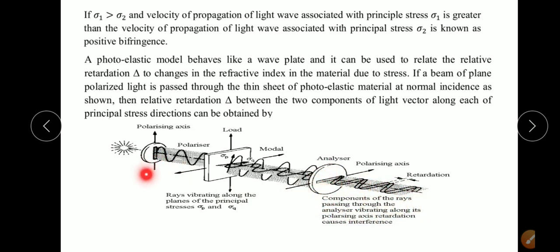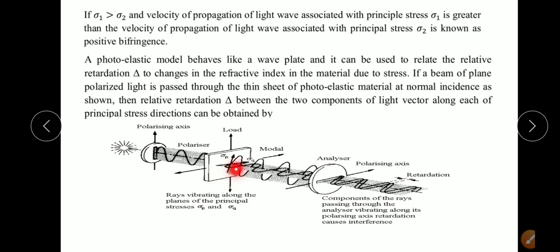You can see that when the wave goes from the source to the polarizer, it is converted into plane polarized light. When it falls on the model, and the model is loaded, it acts as a double refractive material, that is, it changes its refractive indices.